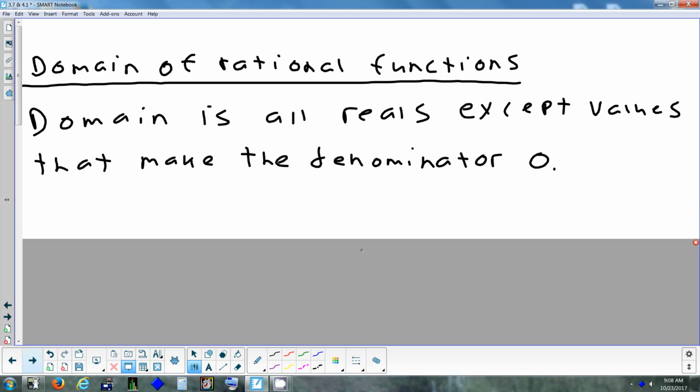A lot of times we're going to use the calculator to help us with the range, because rational functions can look really different than anything you've seen before. So eventually you kind of get a feel for what they look like, but at first the calculator is helpful.